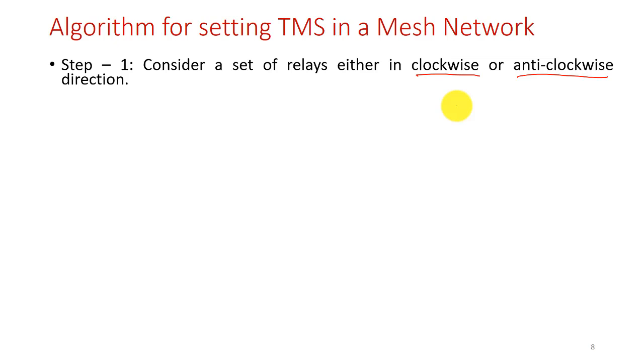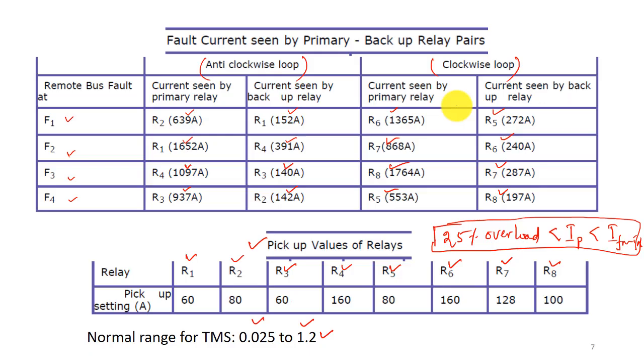We have already seen the sets of relays. The set of relays for anti-clockwise is R2, R1, R4, R3, and for clockwise, R6, R5, R7, R8. So these are the relays for the clockwise direction, right?